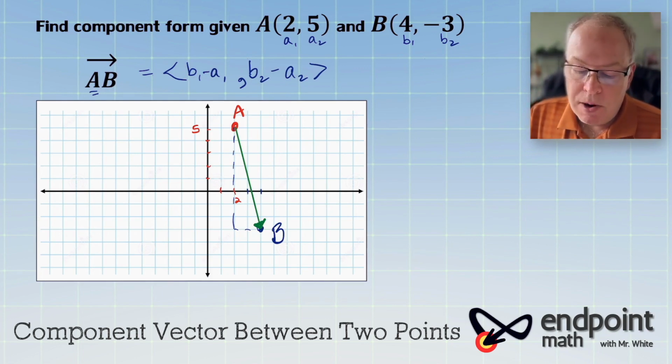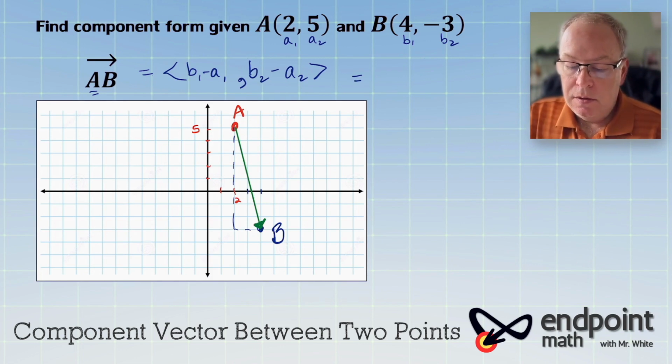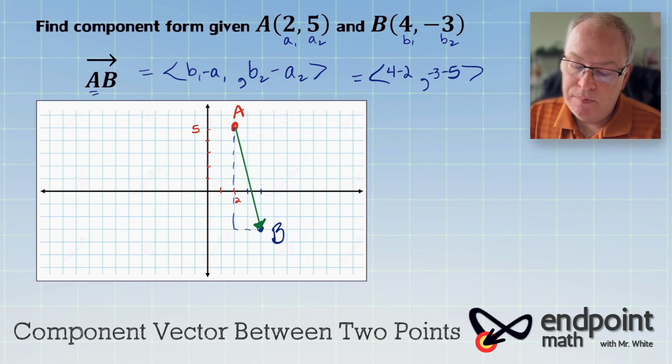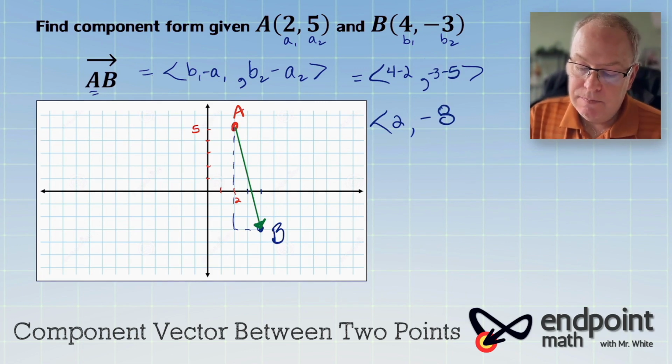So in our problem here, let's show all of our work so you can get really good at this. It would be 4 minus 2, comma, negative 3 minus 5. So that will be 2, comma, negative 8.